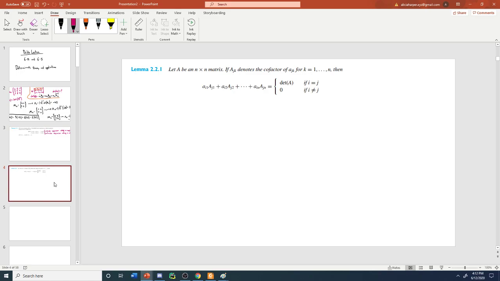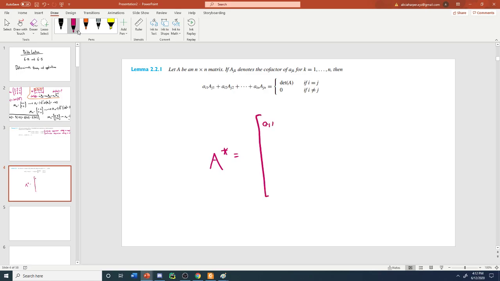So to understand why this formula is true, we're going to look at the following matrix. We're going to call it A star, or maybe I'll denote it with a superscript. And the matrix will look like this.